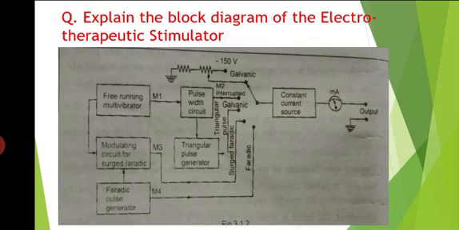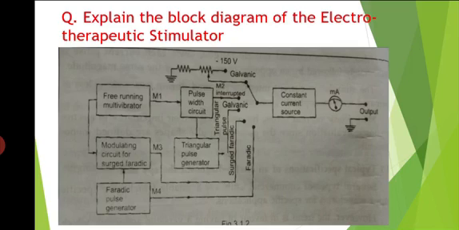This block diagram is given to generate the different stimulation pulses. In the stimulator, a variable rate multivibrator, M1, is used to set the basic stimulus frequency.